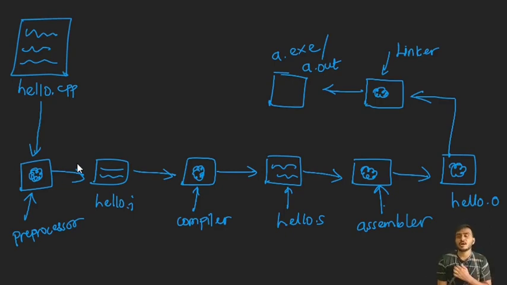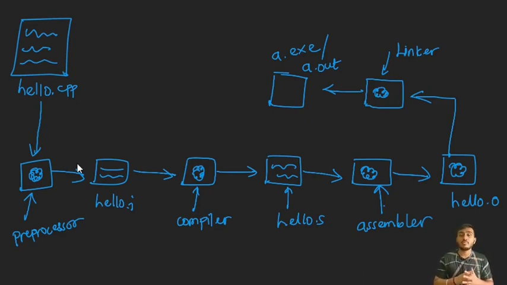Now this is the actual compiler which converts our hello.i file, which is still in C++. See, this preprocessed file is still in C++. It's not getting converted to any different language. So this compiler is responsible for converting our C++ file, which is hello.i, into an assembly language file. Okay, so assembly language is also a language.